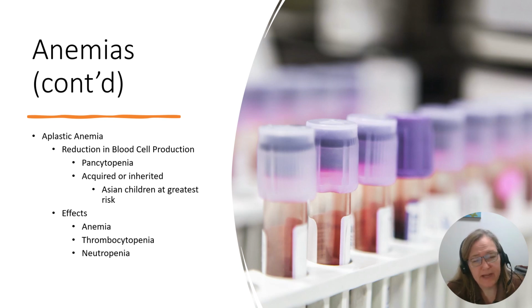You can have pancytopenia, where pan refers to all the blood cells being reduced. This could be acquired or inherited. It's generally more prevalent in Asian children. They're at the greatest risk for having this. The clinical manifestations, you'll see anemia, thrombocytopenia, and neutropenia.